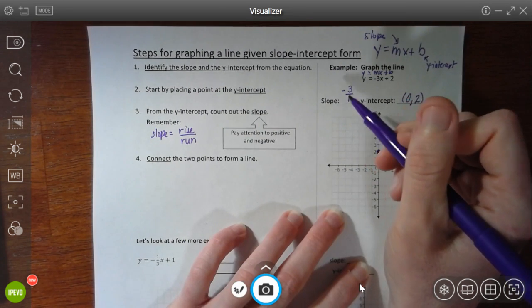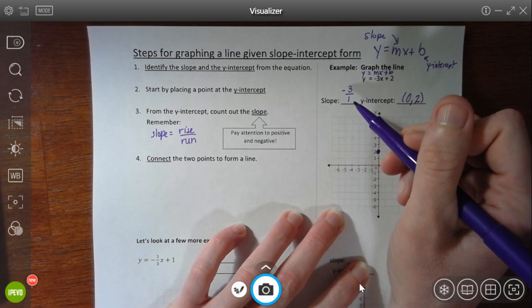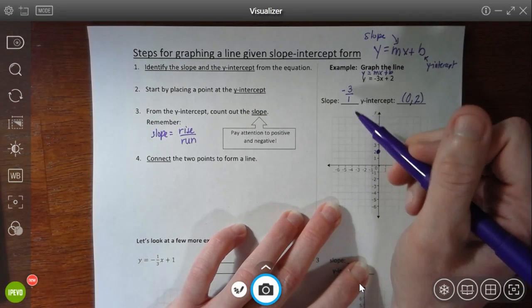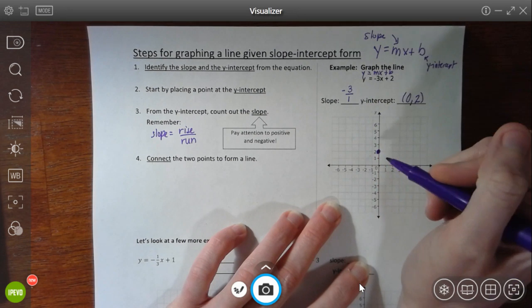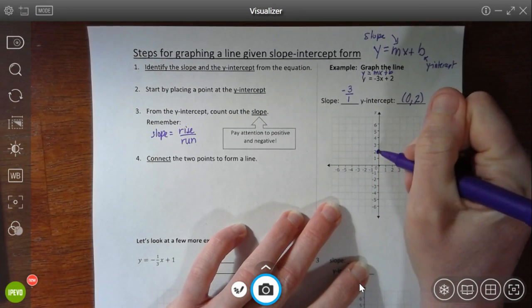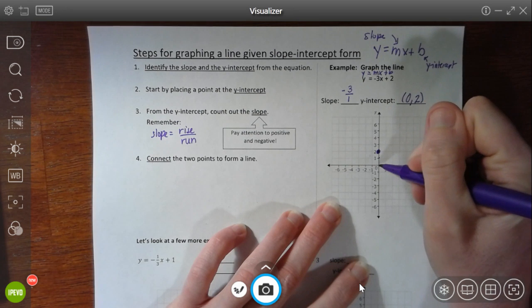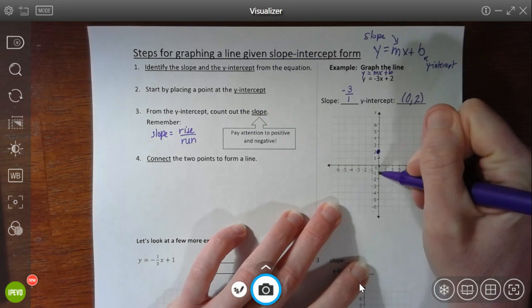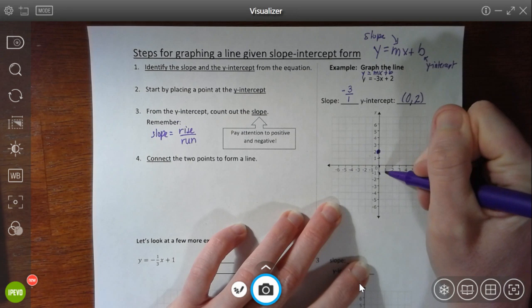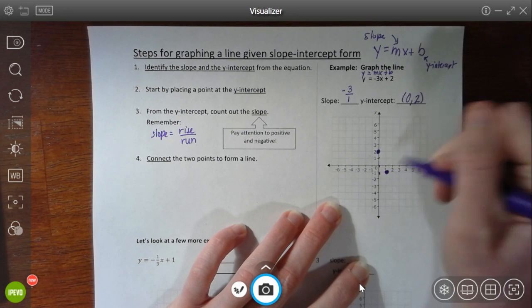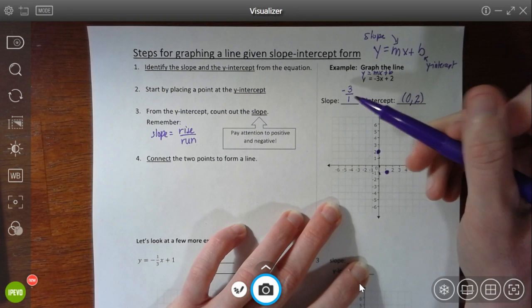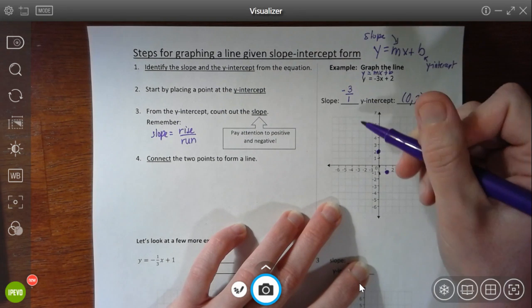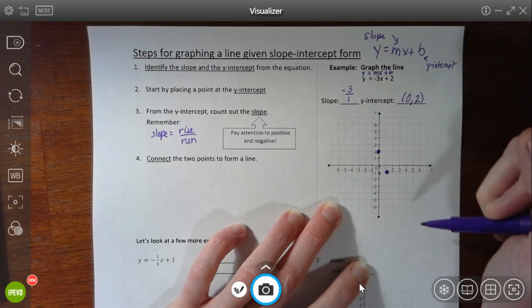So if my slope was negative 3 over 1, remember when we were thinking of rise over run, a rise of negative 3 would actually bring me down 3. So from my y-intercept, I'm going to go down 3 units. And then my run was positive 1, so I'm going to go to the right one. And we should remember that a slope of a negative number is going to decrease from left to right. So it makes sense that my points are going down from left to right.